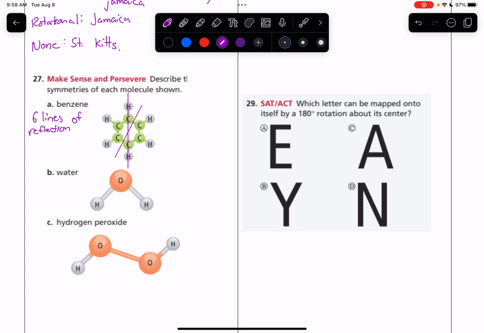And then it also is rotational by a multiple of 60 degrees. So it's also got 60 degree and all of its multiple symmetries, because if we do 360 divided by 6, we get 60. So 60, 120, 240, oh, I forgot 180, 300 degree rotations.